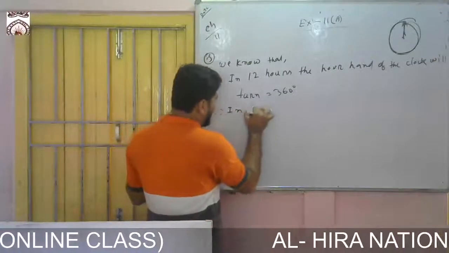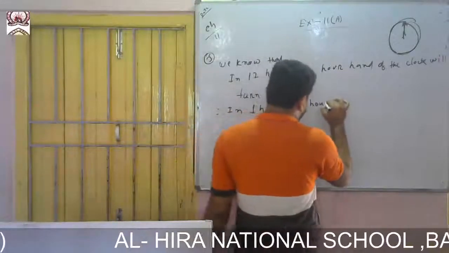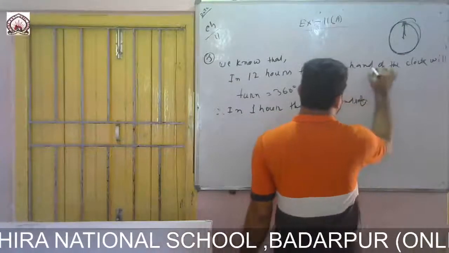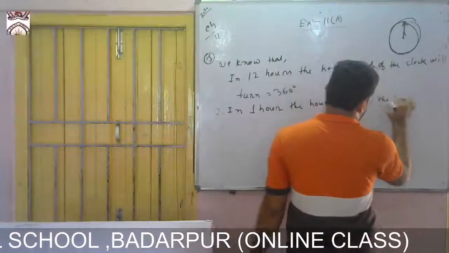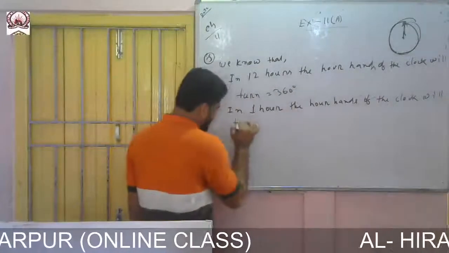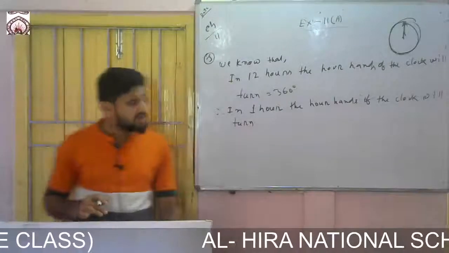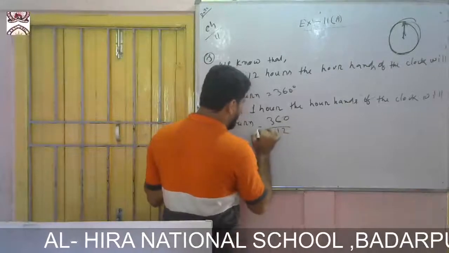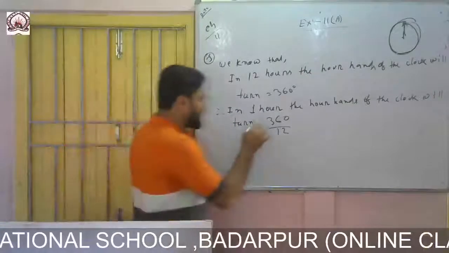Total 360 by 12. It is 12 3s are 36 and 1 zero.